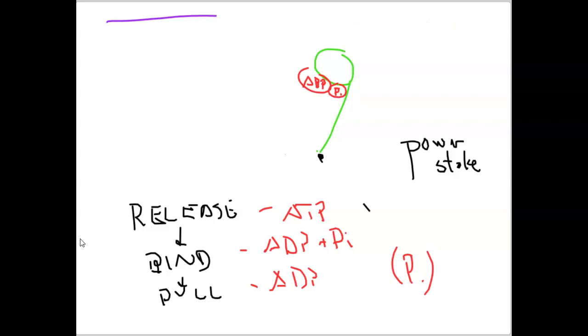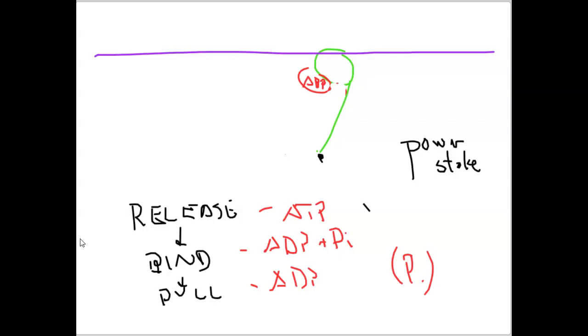This is the bind step. This is where actin becomes bound to the myosin head. Now, with the release of that phosphate, this is the pull portion of the mechanism, the lever arm swings shut. The distance between the lever arm and the myosin head is going to decrease.